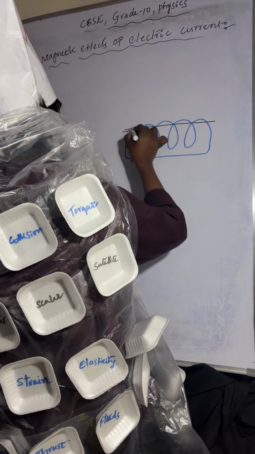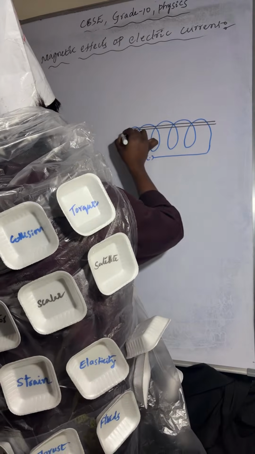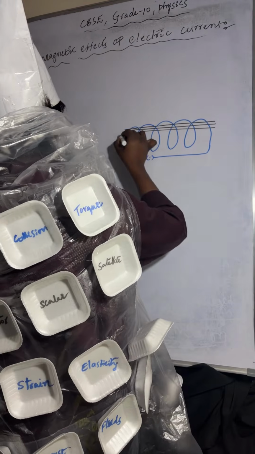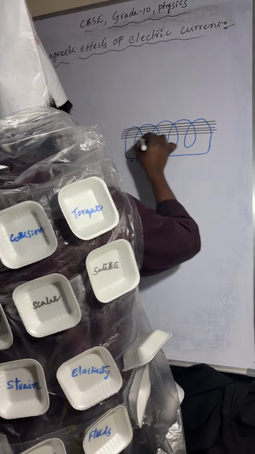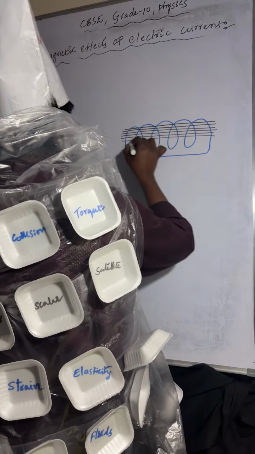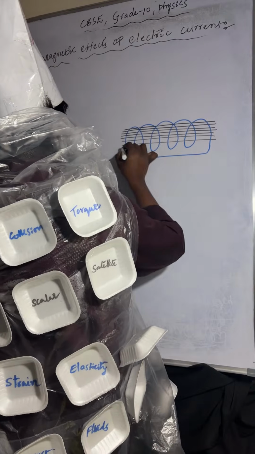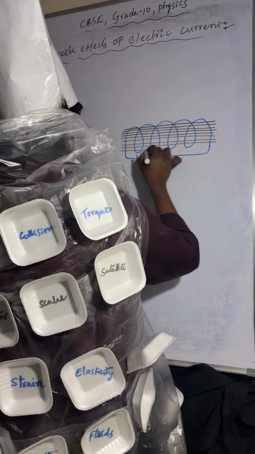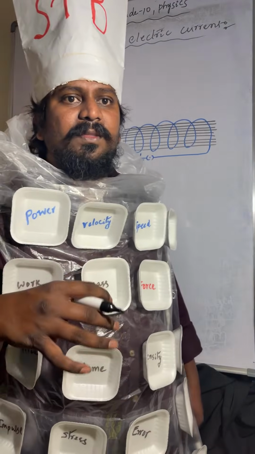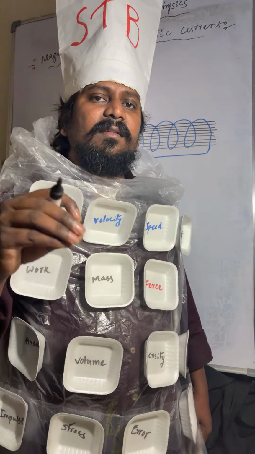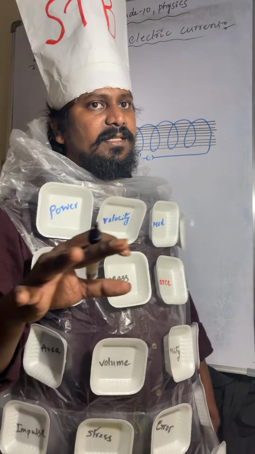1, 2, 3, 4, 5, 6, 7, 8 and 9. Okay. So you have to take 3 lines up, 3 lines below and leave the middle 3 lines. Okay.